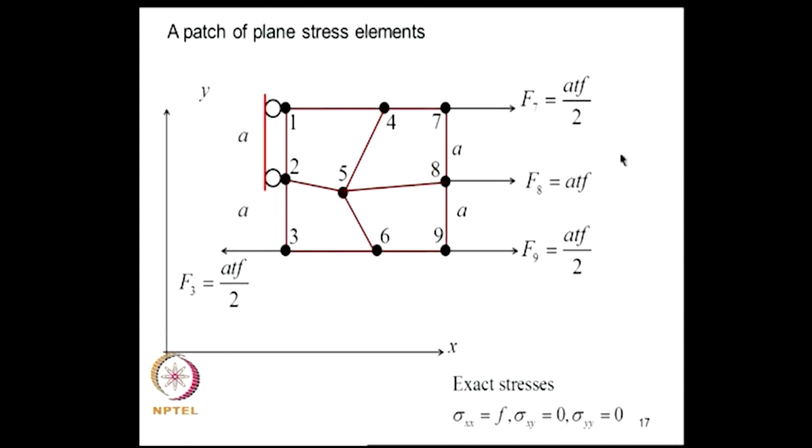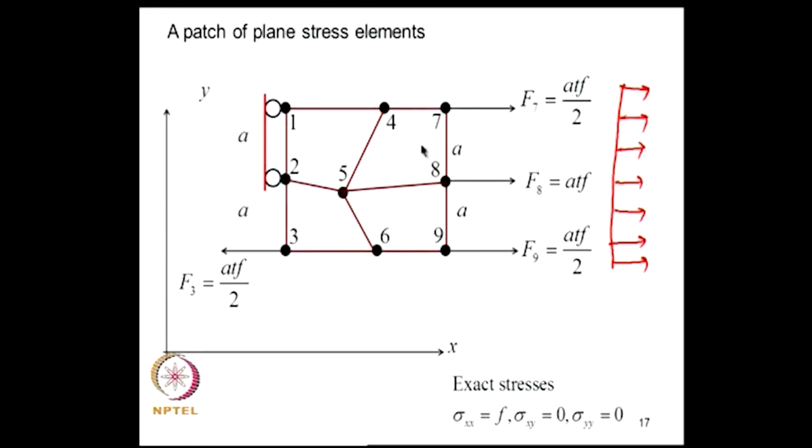So, this surface traction is a constant, and for this constant surface traction we evaluate the equivalent nodal forces using the correct formulation, and these are the forces, and this is also another force that we have applied, and these are the support conditions.